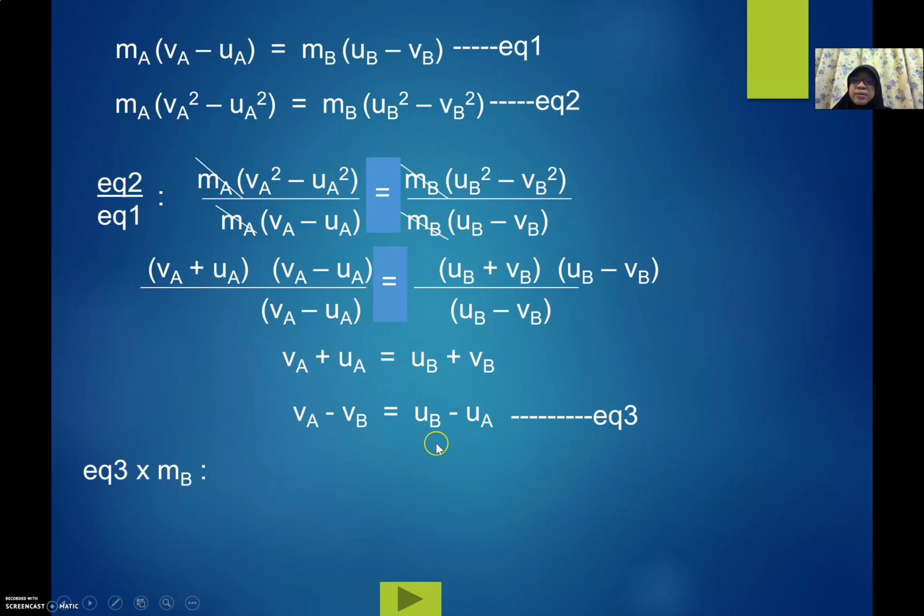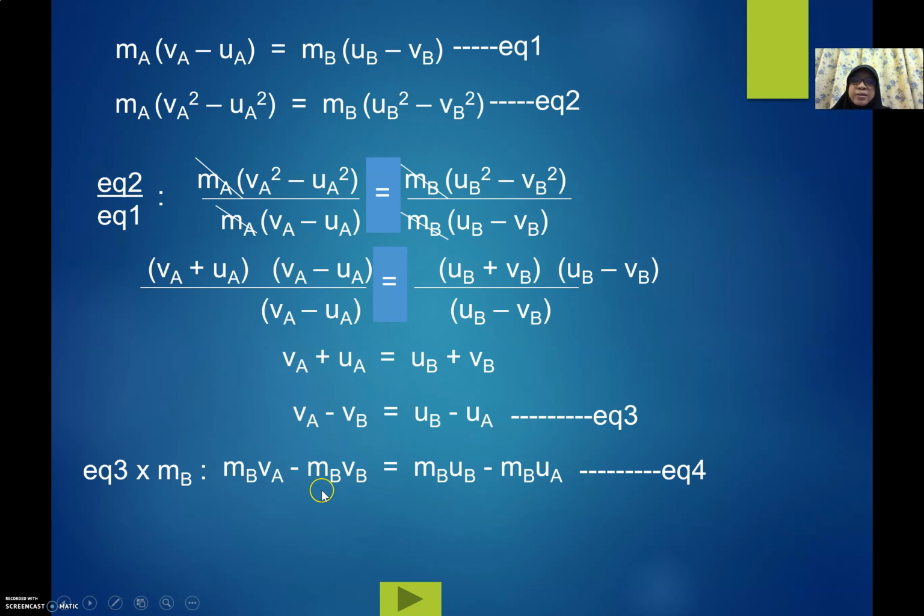Okay, next. We are going to multiply equation 3 by MB. So for VA we get MB VA minus, for VB we get MB VB, equals MB UB minus MB UA.